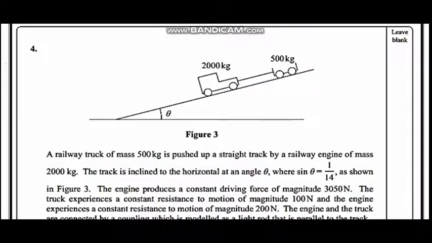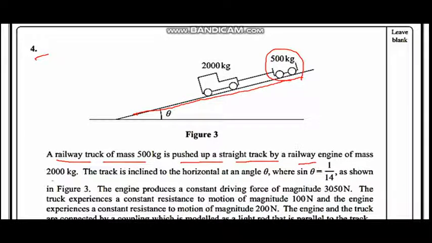Question 4. A truck of mass 500 kilogram is pushed up a straight track by an engine of mass 2000 kilogram. The track is inclined to the horizontal by angle theta, where sin theta is 1/14. The engine produces a constant driving force of magnitude 3050 Newton.